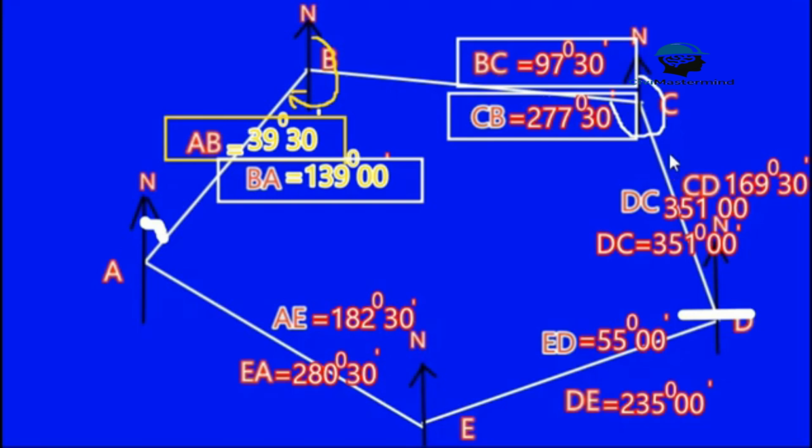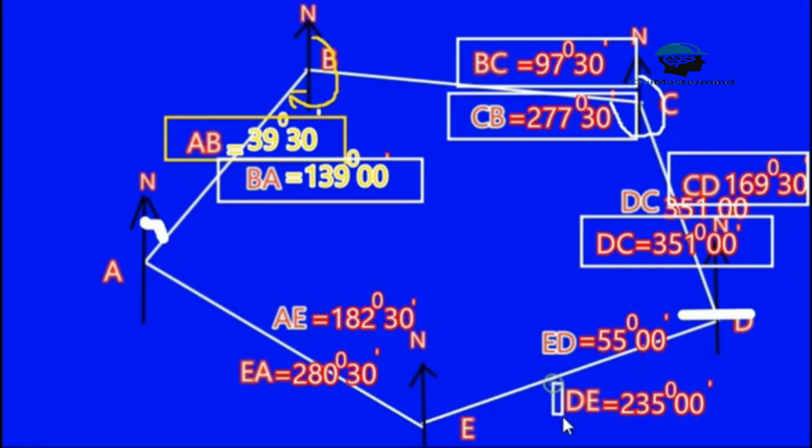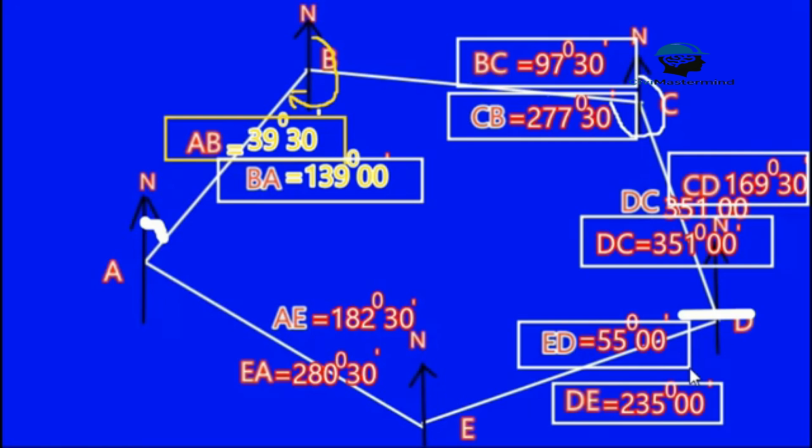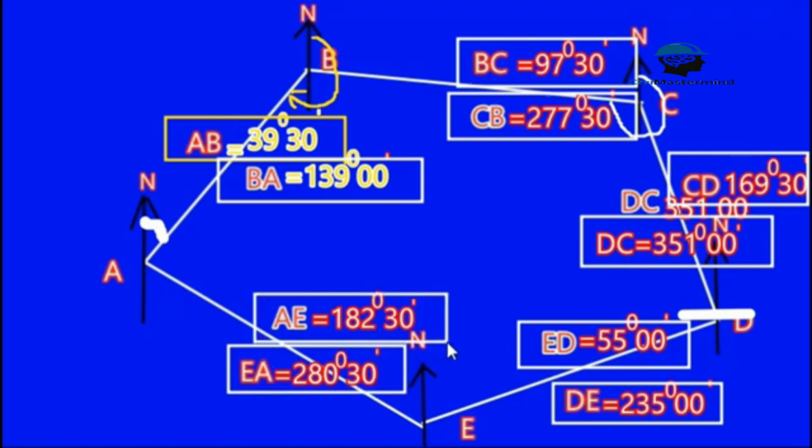Here we have CD going along, and then DC, the back bearing. Here we have DE, that's the forebearing, and ED is supposed to be the back bearing. And finally over here, EA is supposed to be the forebearing and AE is supposed to be the back bearing.